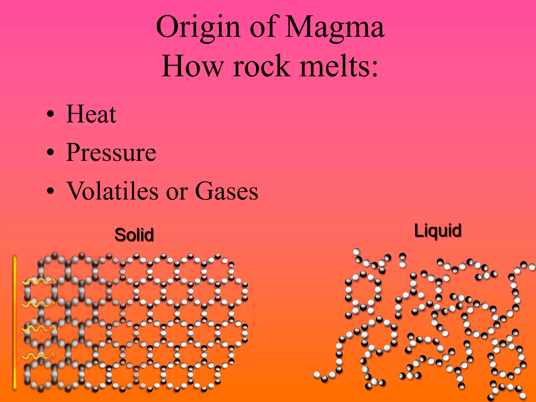So if you introduce a volatile or a gas into a really, really hot mantle rock that's under a lot of pressure, that will relieve the pressure suddenly, because now you've got gases in the mantle, and so the more dense material, that is the mantle rock itself, will preferentially want to move into that place where there's lower pressure, those little bubbles, and that decreases the pressure on the mantle overall in that region, if that makes sense. And that can cause a mantle rock to suddenly liquefy or melt.